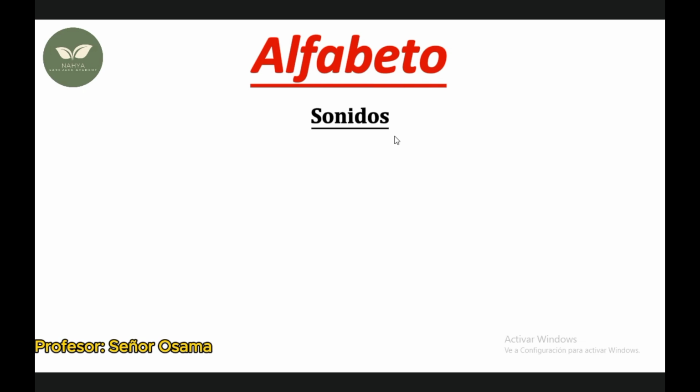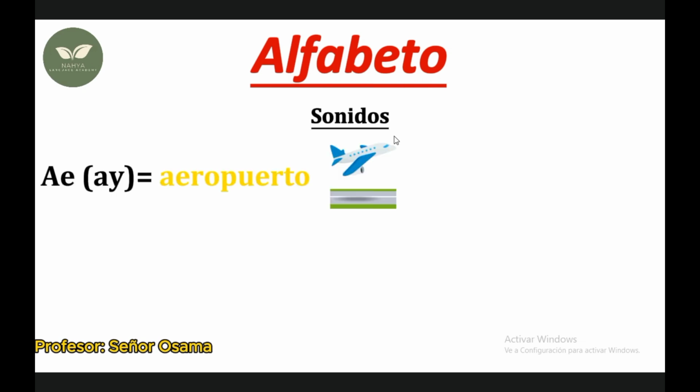Here we have the first sound, ai. And we find this in the example of aeropuerto, which means airport. Not airplane. Airplane is another thing.